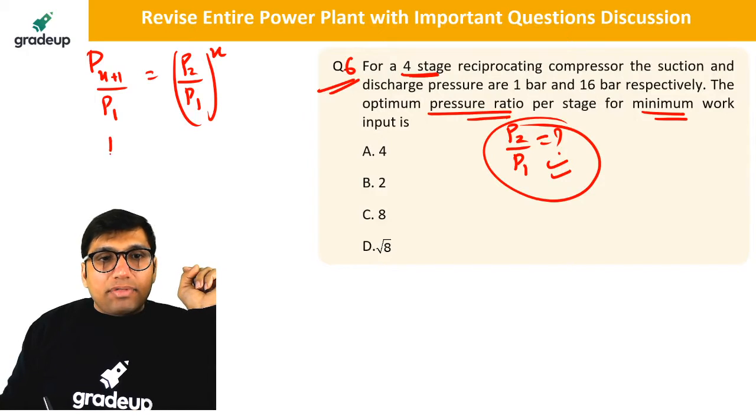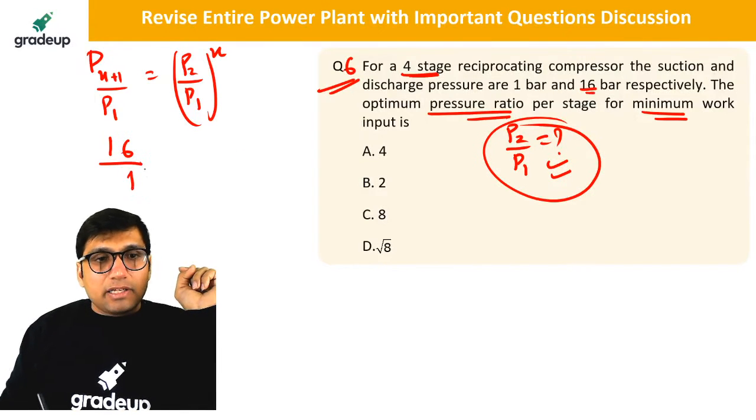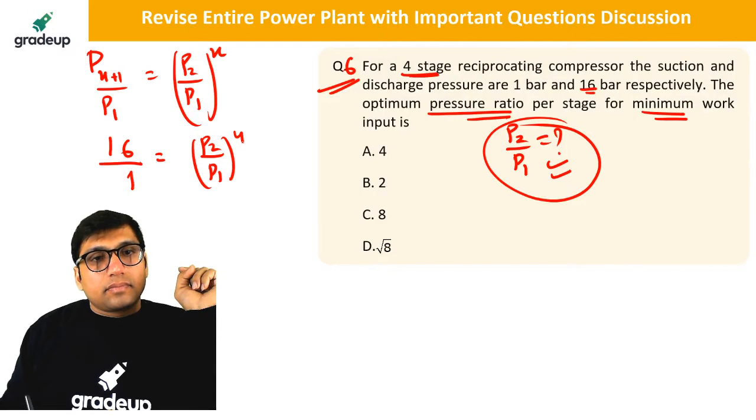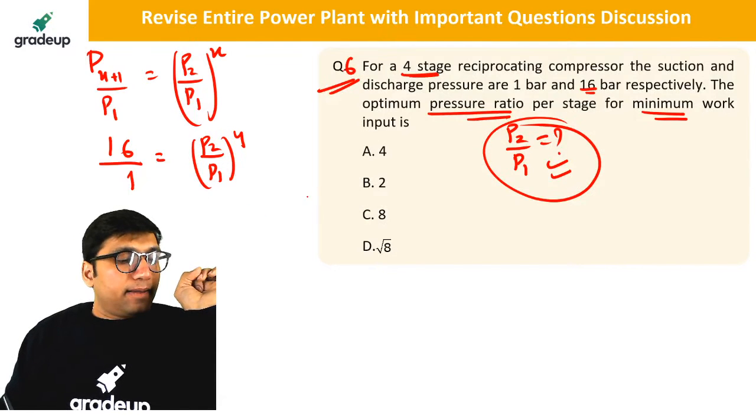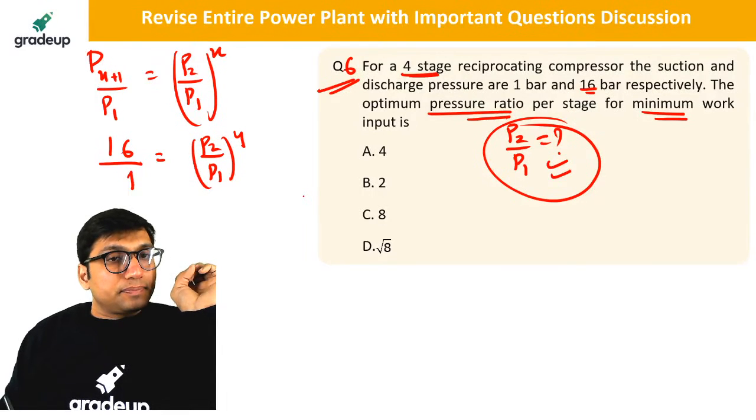They have given the final delivery pressure 16, inlet pressure is 1. So (P2 by P1) to the power 1 over 4. So what will the answer? Tell me. The answer will be option B.